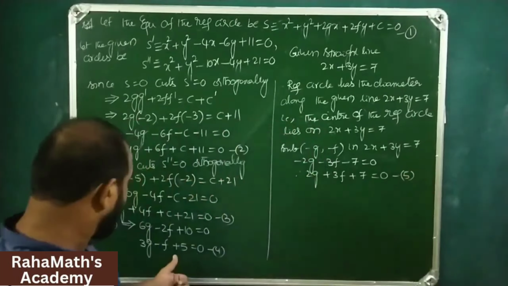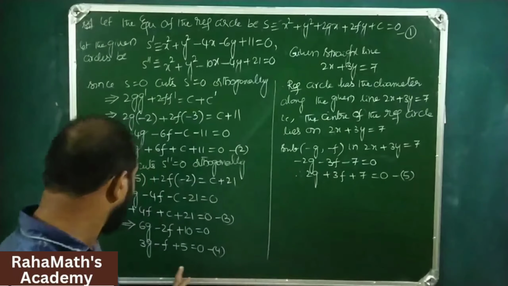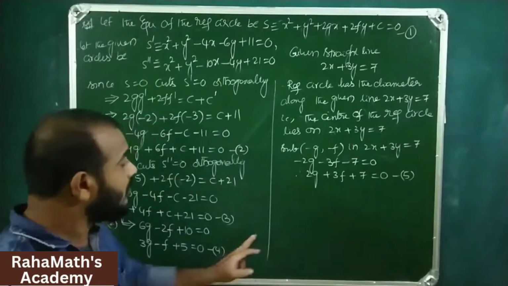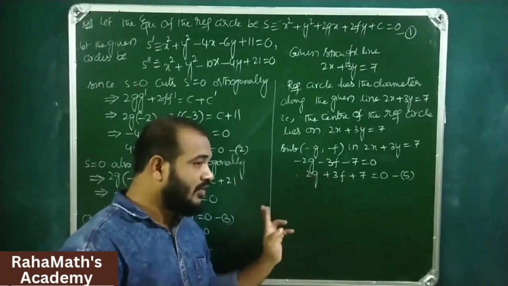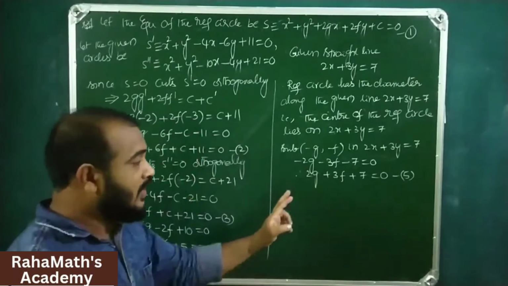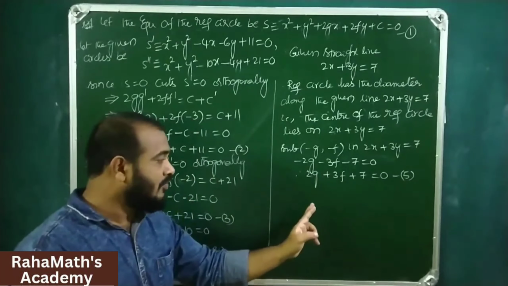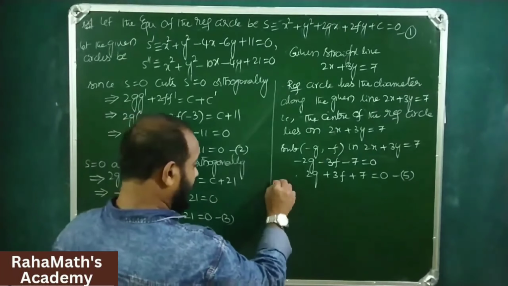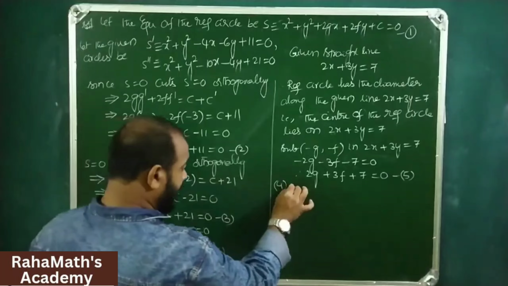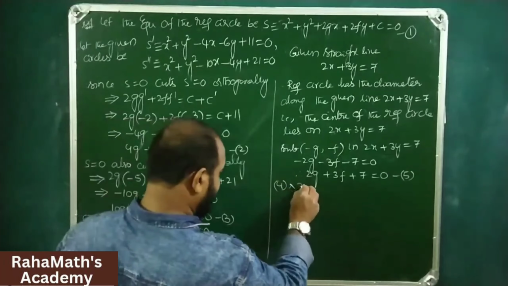Since the fourth equation and fifth equation are in terms of g and f, if we solve these two simultaneous equations, then we will be getting the g and f values. So the fourth one I will multiply with 3.